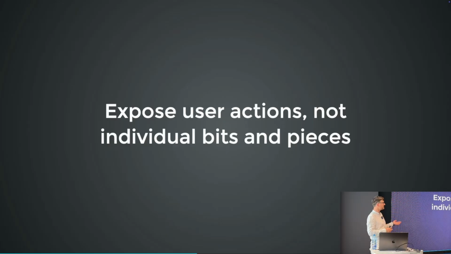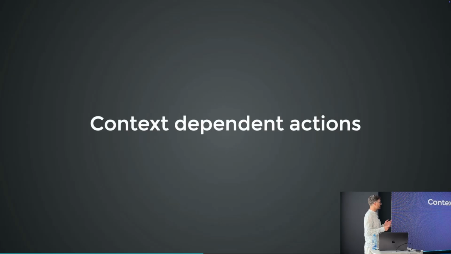And in this kind of implementation with tools, you don't have skills and instructions on how to use those tools. So you have to make it easy for the agent to understand what you're doing. So expose whatever actions are meaningful for the user, not just small pieces.